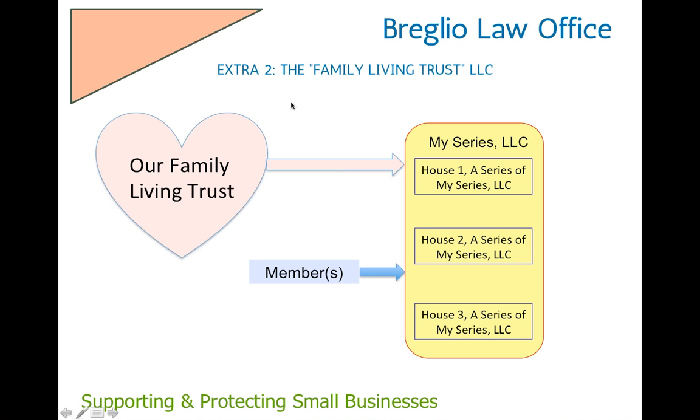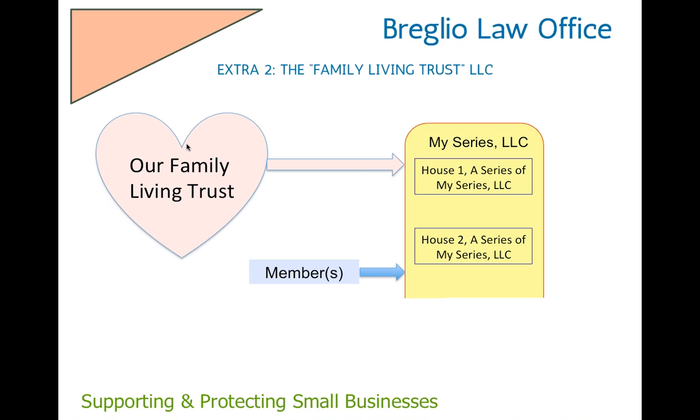And the final one we're going to talk about is called the Family Living Trust LLC. Now, we talked earlier that the Family Living Trust is for estate planning purposes. A lot of you have them. You should all have them. If you don't already, you should get one.